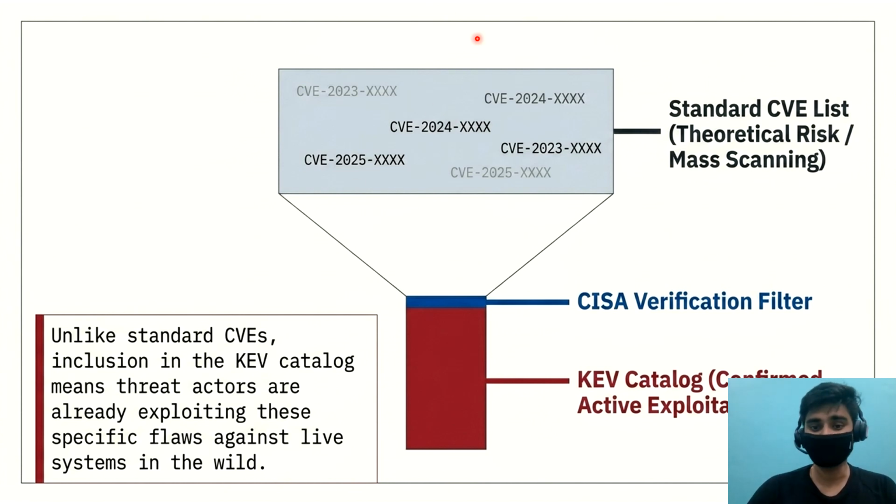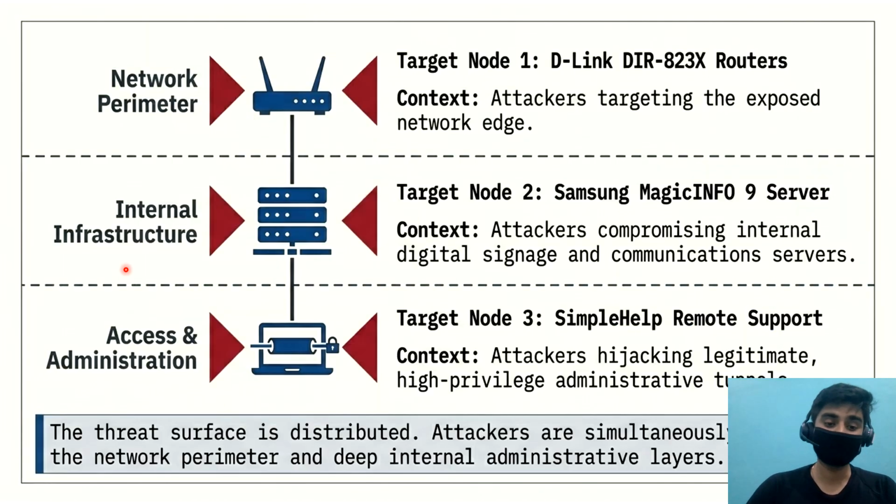Coming to the standard CVE list, theoretical risk and mass scanning, this signifies how the risk category works. CISA verified the KEV catalog, which has confirmed active exploitation. Unlike standard CVEs, inclusion in the KEV catalog means threat actors are already exploiting these specific flaws against live systems in the wild. Network perimeter, internal infrastructure, and administration access are very critical. Why is the network perimeter needed? Because it targets node 1, the D-Link DIR router.